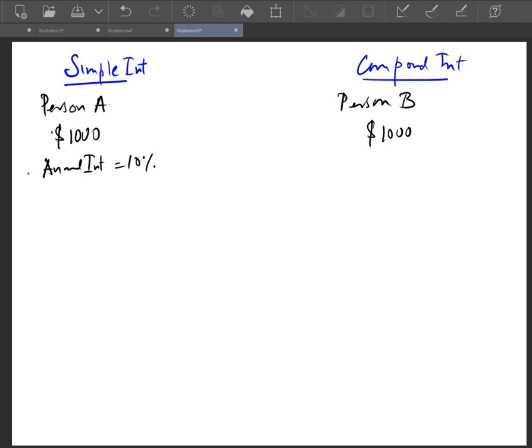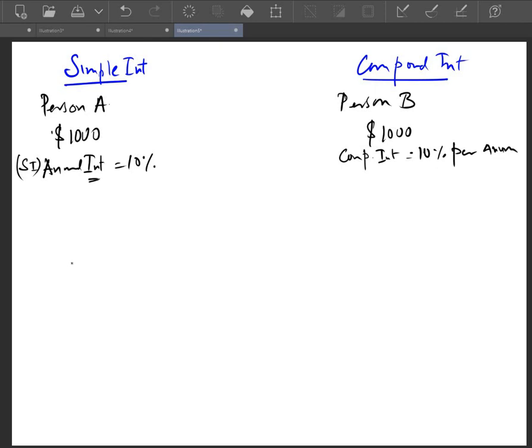But this annual interest is a simple interest, and I'm writing it as SI. Whereas this person B goes to another bank and the bank says, all right, welcome to our bank. We are happy to give you compound interest, 10% per annum or annual.